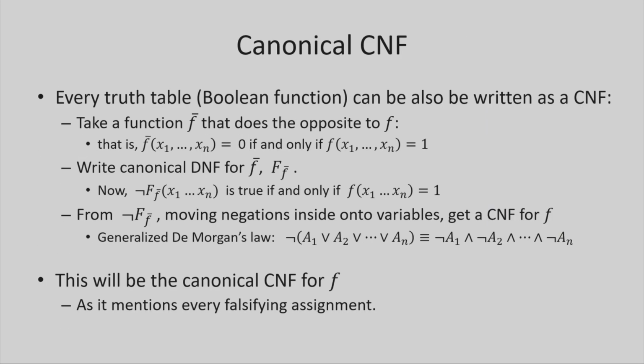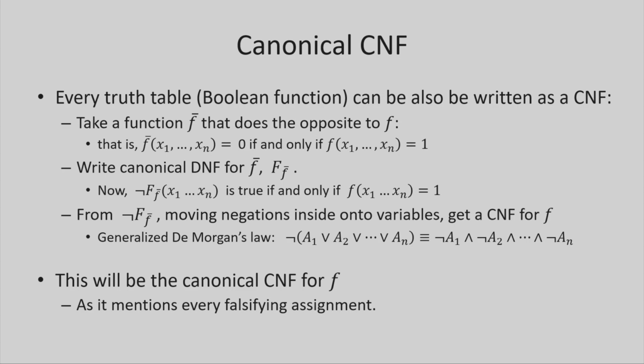So similarly to canonical DNFs, we also have canonical CNFs. And probably the simplest way of thinking about canonical CNFs is just to think of them as negations of canonical DNFs for functions that compute the opposite. So it's kind of like a double negation idea, except it switches the form in the middle.